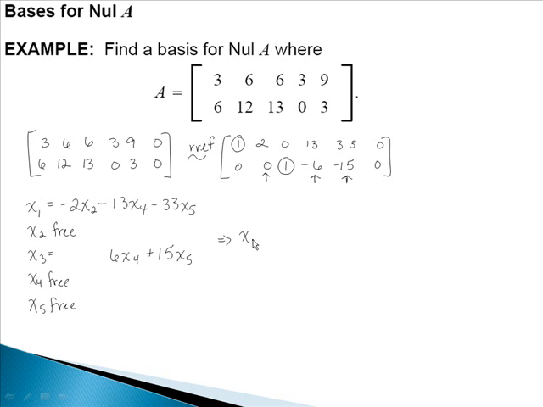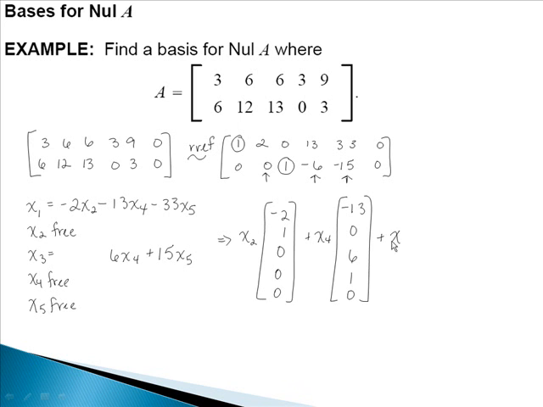So then we have x2 times this vector here, plus x4 times this vector here, plus x5 times this vector here. Now I'm going to call this vector u, this vector v, and this vector w. That's just for ease of writing.